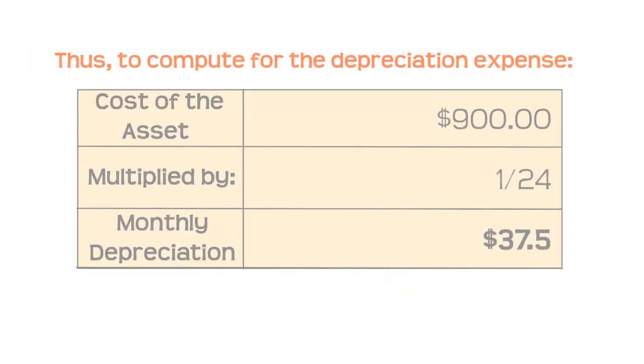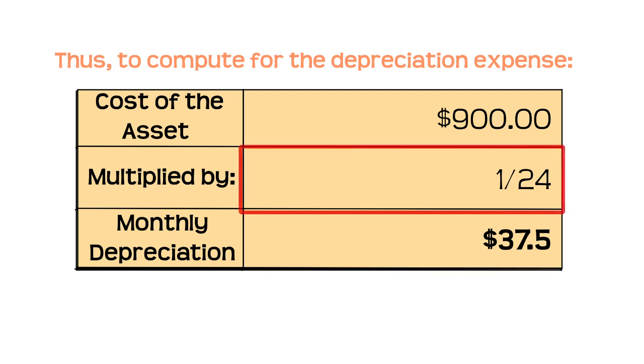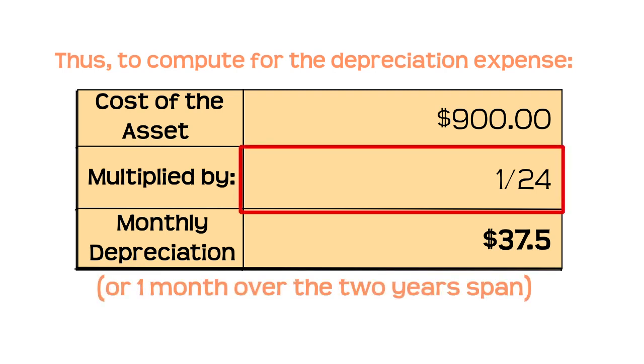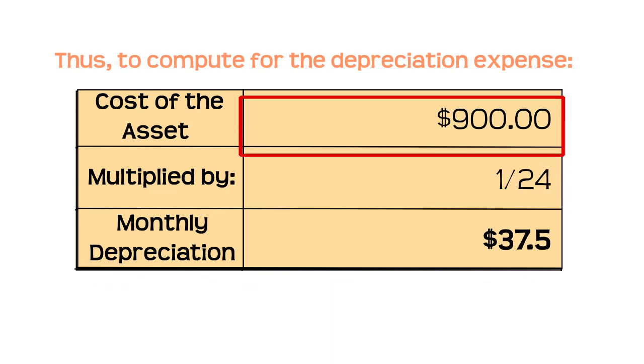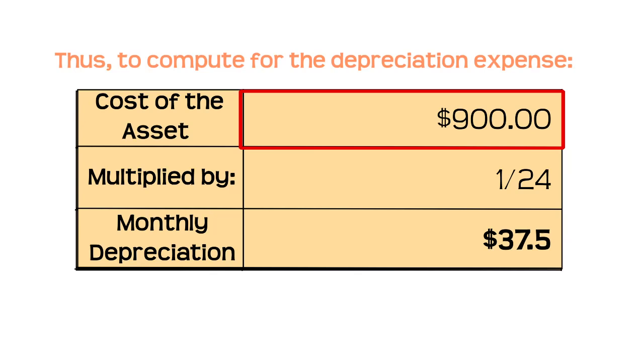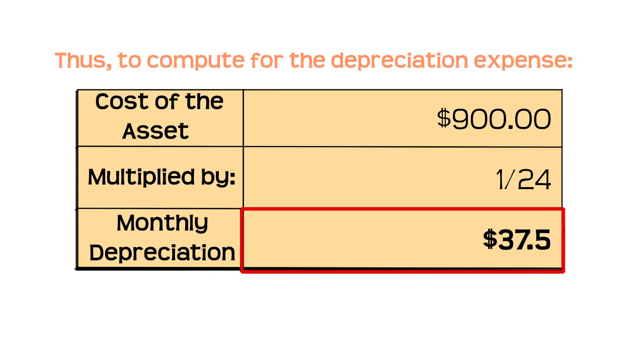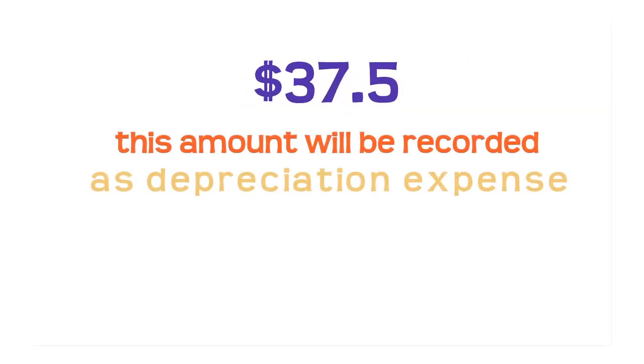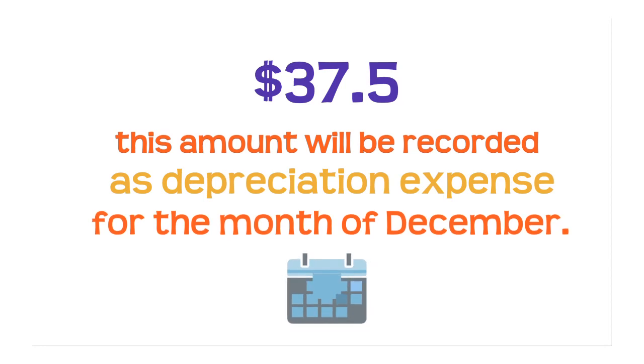Thus, to compute for the depreciation expense, 1/24, or 1 month over the 2-year span, multiplied by the cost of the asset, which is $900, equals $37.50. This amount will be recorded as a depreciation expense for the month of December.